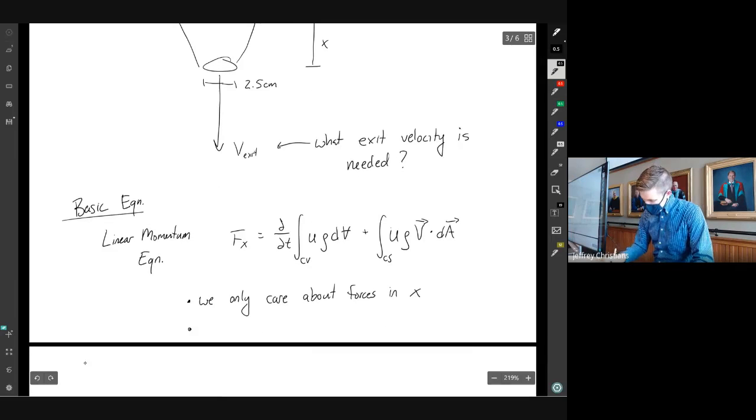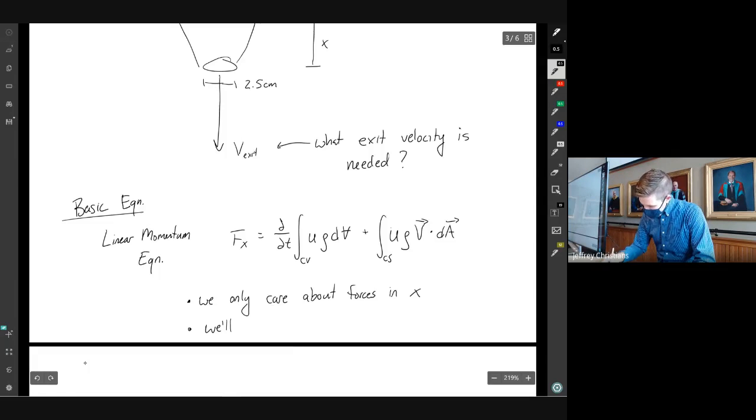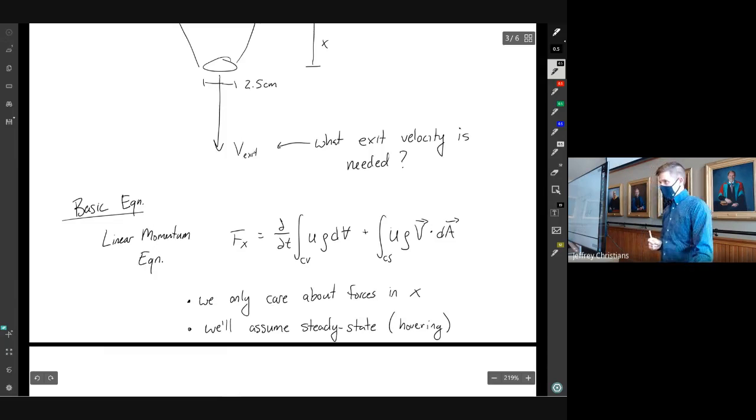And we're going to assume that we're just hovering there, not like this guy, who's crashing every second. So we'll assume steady state, which in this case would mean hovering.